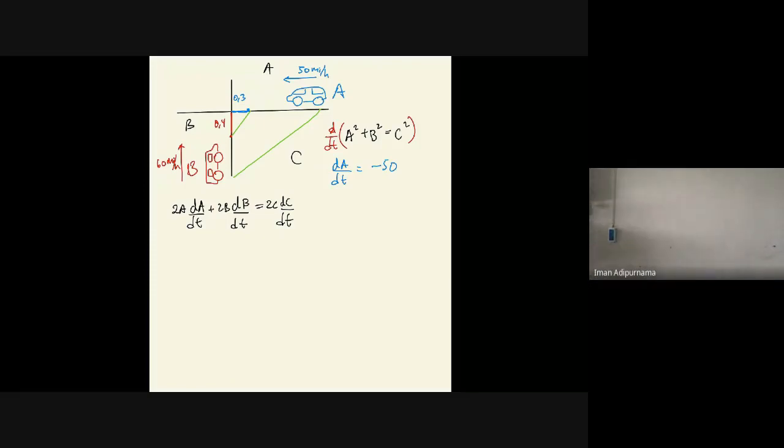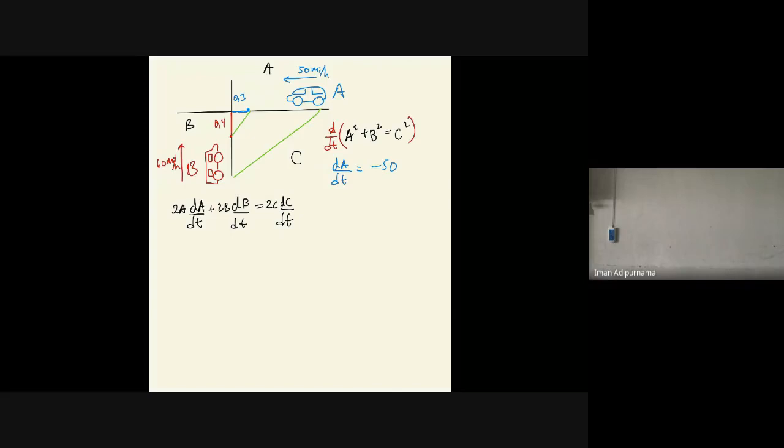Positive and negative, if you write in an exam, it doesn't really matter as long as you have consistency. If you want to say this is positive, that's okay as your average speed. That's fine. But I want to make it negative because I see the triangle as fixed length and then reduced, shorter, shorter, shorter. So I will write this negative, meaning the length is getting shorter and shorter.